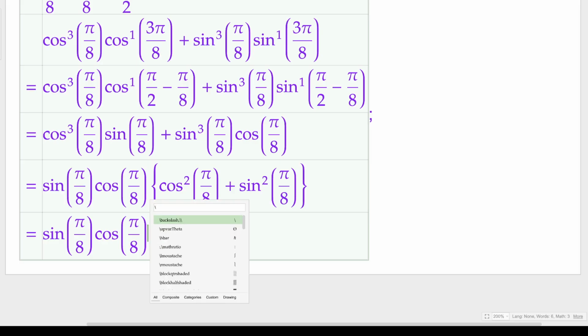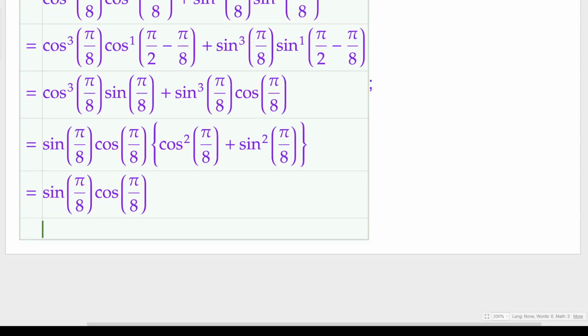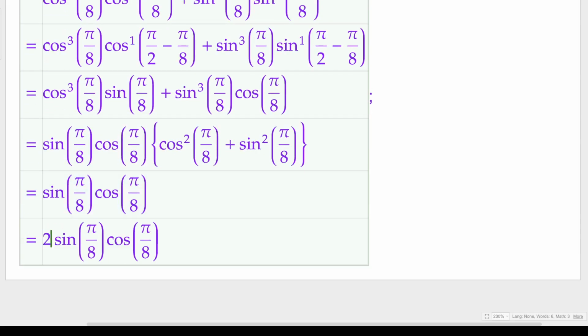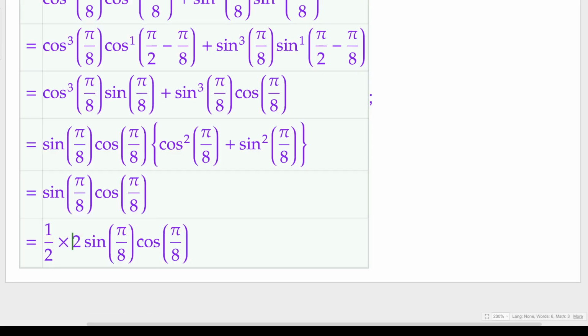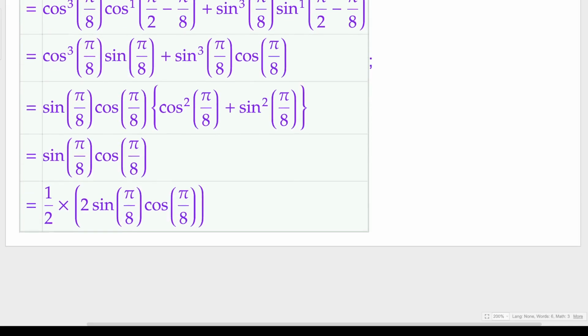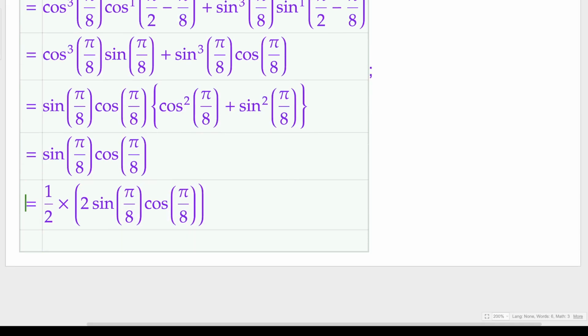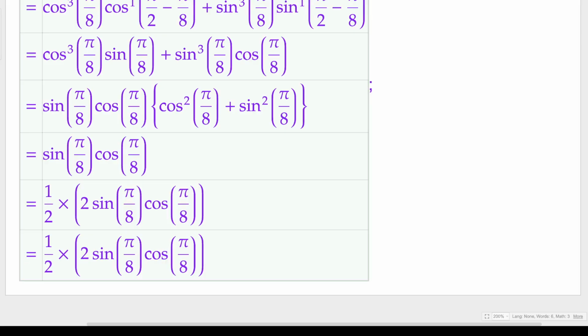Now in this factor, I will multiply by 2 and then divide by 2. Reason being, I can apply the identity of 2 sin x times cosine x, which is sine 2x, where x is equal to pi over 8.